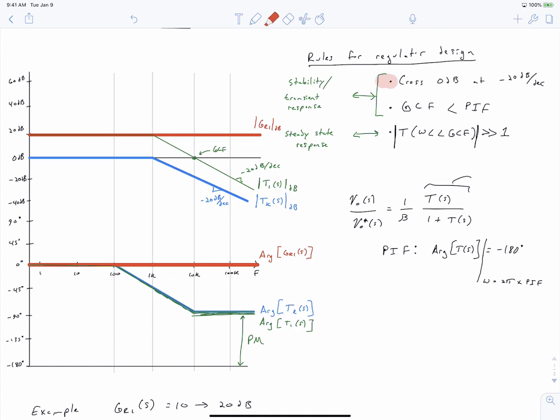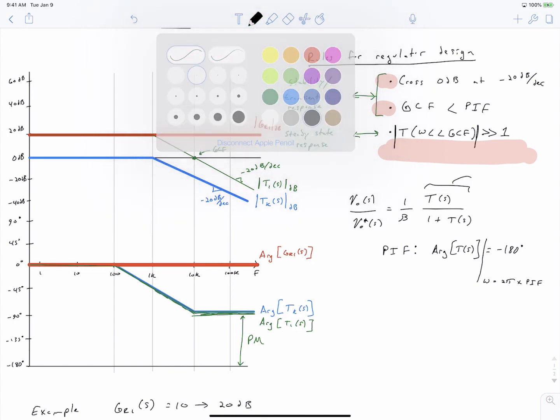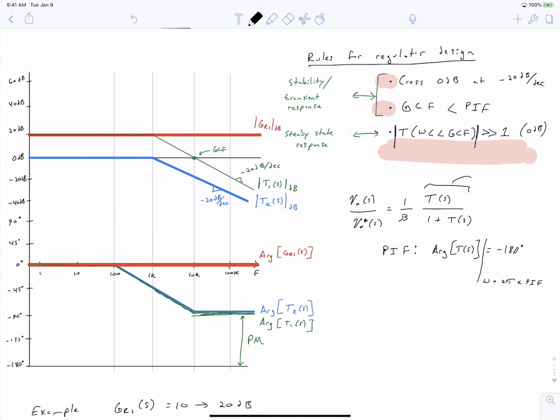Our gain crossover frequency is less than our phase inversion frequency because our phase inversion frequency doesn't exist, or it's infinity. And there's a bit of question for this last test. Certainly our loop gain is greater than 1, or greater than 0 decibels, at low frequencies, but whether or not it's much greater than 1 is a little bit open for discussion here.